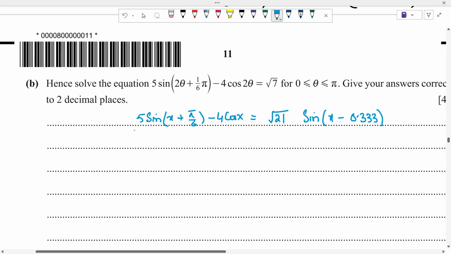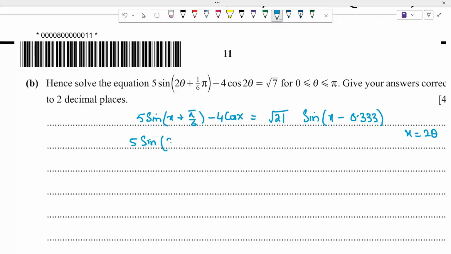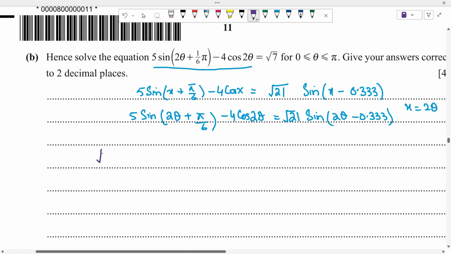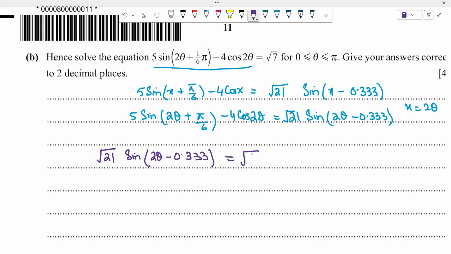If x equals 2 theta, this equation becomes 5 sine of 2 theta plus pi by 6 minus 4 cos of 2 theta equals root 21 times sine of 2 theta minus 0.333. So we can say that root 21 sine of 2 theta minus 0.333 equals root 7.